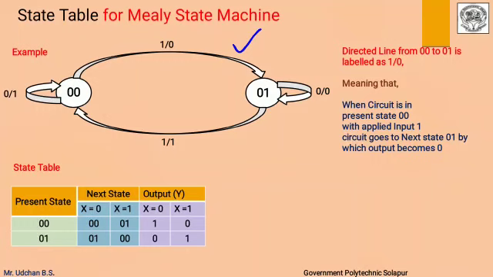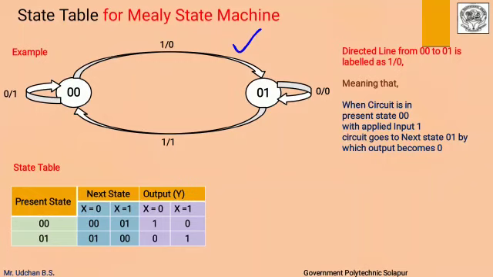Now we have to observe the present state and the next state with respect to the variation of input values, that is x, and for that variation in input, what will be the output we have to write down.